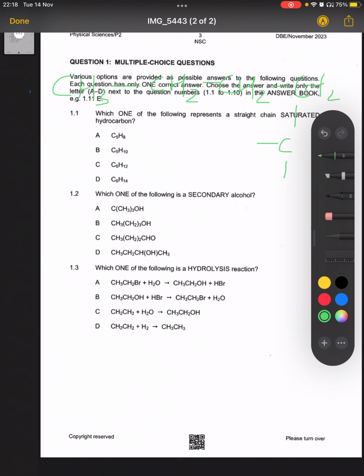Just erase this. That would be OH here on the third CH2. So it's OH like that. This carbon is attached to two hydrogens and only one carbon here, the one containing the OH. So definitely that will not be a secondary alcohol.